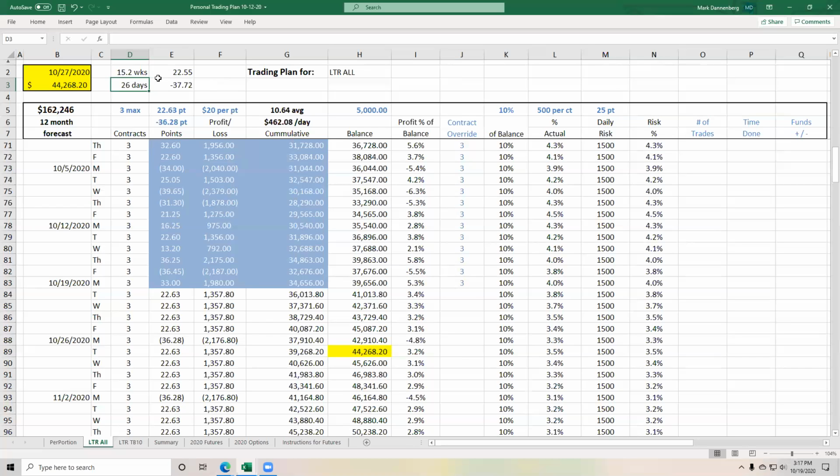They, by themselves, don't have a significant amount of value. You've got to put it in context to what your overall performance is. So our overall performance is that on our winning days, we're averaging 22.55 points a day, and that takes into account the frequency rate of 26 losing days per 15.2 weeks.